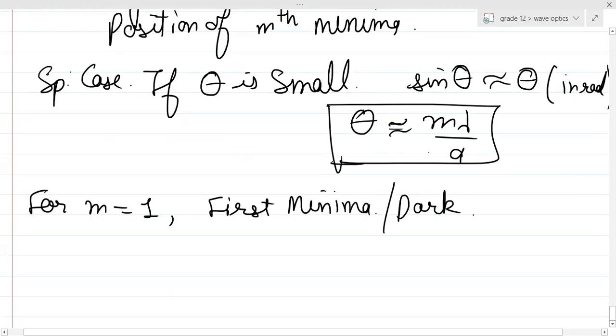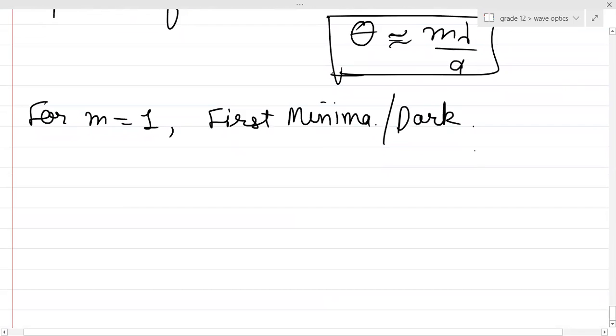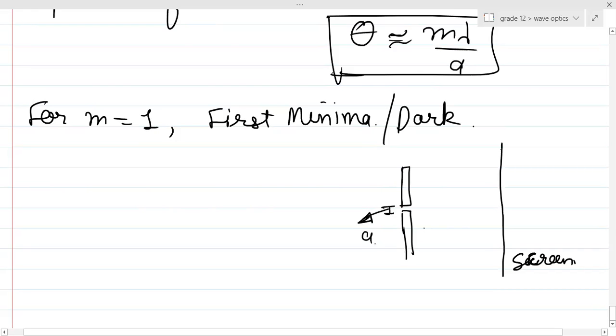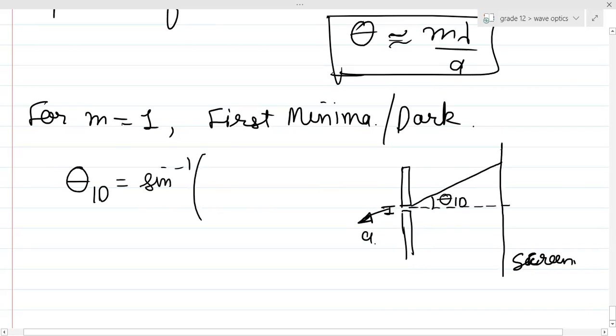I'll get the angular position of the first dark, right? So if I say this is my screen, this is my single slit, and let's say the width of the single slit is a, the wavelength of the light is lambda, then at what angle will I get the first minima? If I say theta 1 dark, the theta 1 dark is equal to sine inverse of, in place of m I'll put 1, so it will become lambda by a.